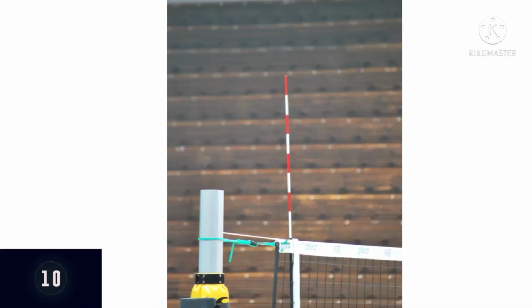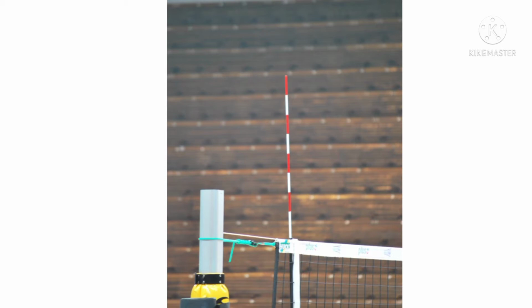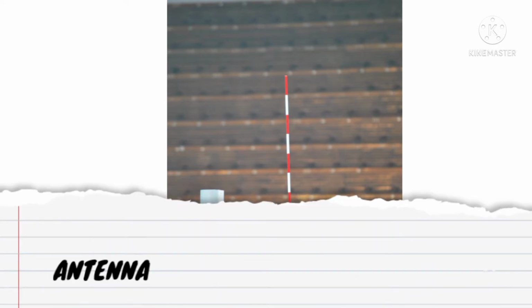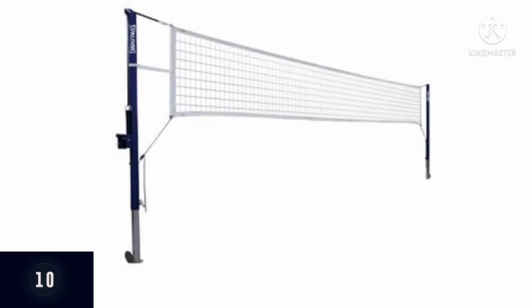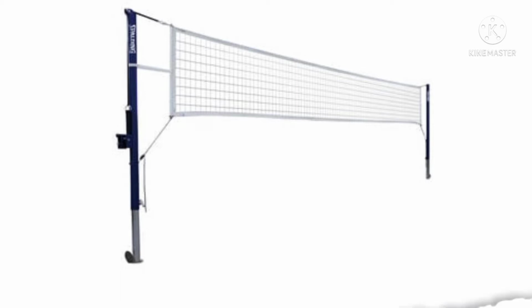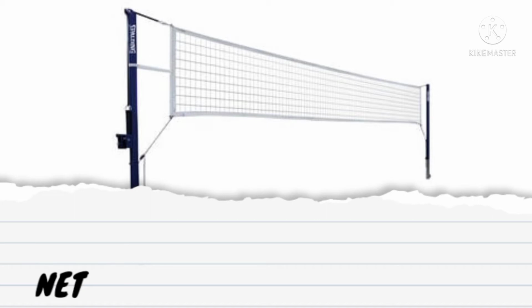Next number. What is the right answer for number 4? The right answer is antenna. Last number. The correct answer is net.